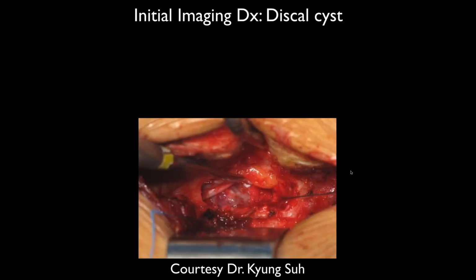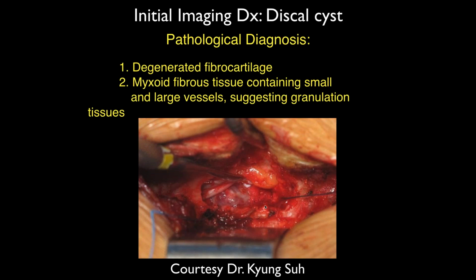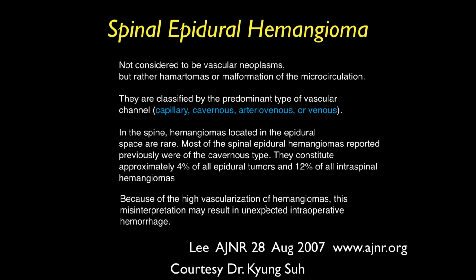Okay. And then here's what it looks like at the time of surgery. There's that cyst coming out of the disc. And actually this turned out not to be a cyst. This actually turned out to be an epidural hemangioma that they found at surgery.